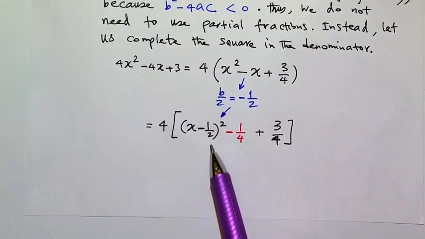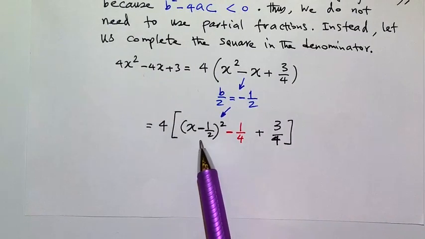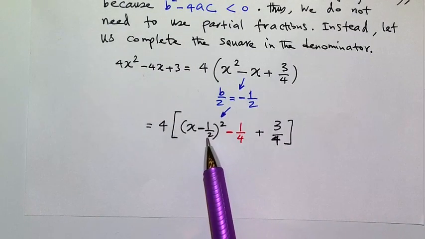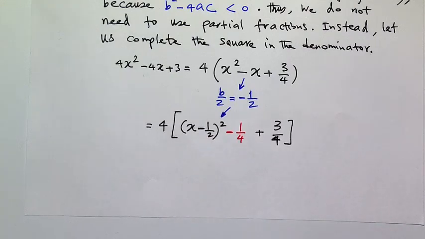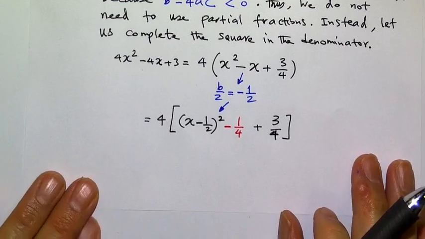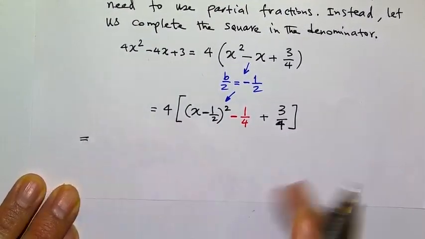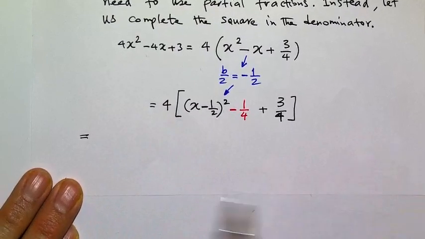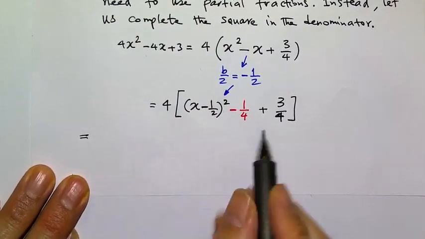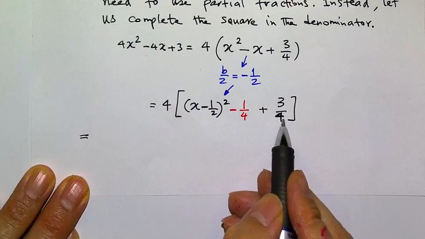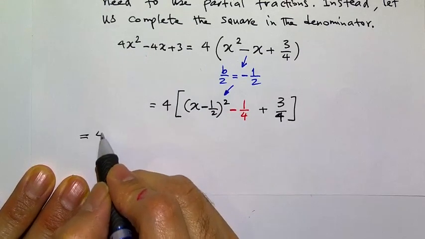For all of this, you get that. But the difference, of course, is that we have a term that has been written in complete square form, which is what we wanted. Now if I can fit it here, let me start everything from here. If we add minus 1/4 and 3/4, we get positive 1/2.